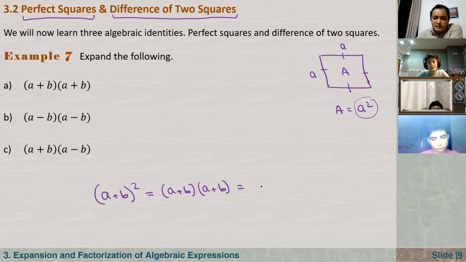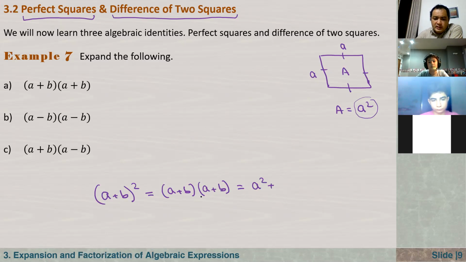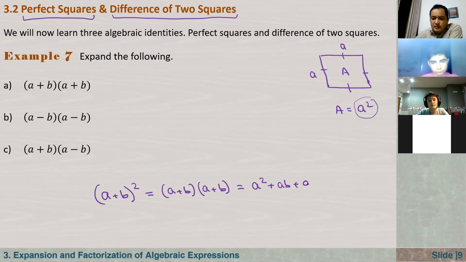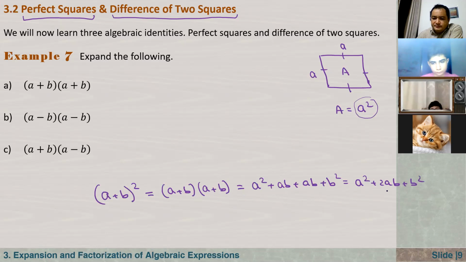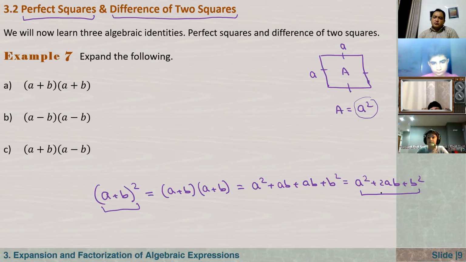And we know how to expand this, right? It is a squared, a times b, ab, and b times a, ba, and ba equals ab, and plus b squared, which is equal to a squared plus 2ab plus b squared. So (a plus b) squared equals a squared plus 2ab plus b squared.